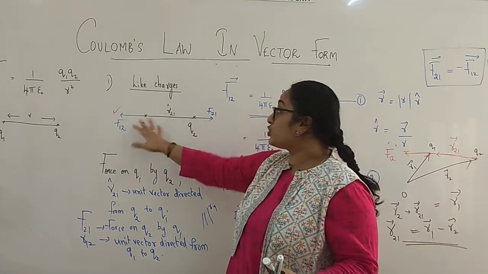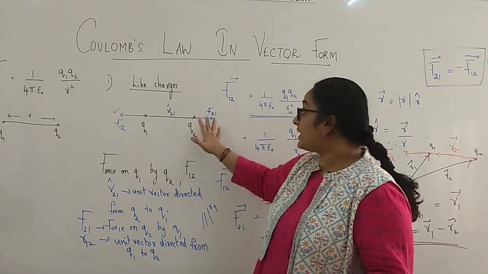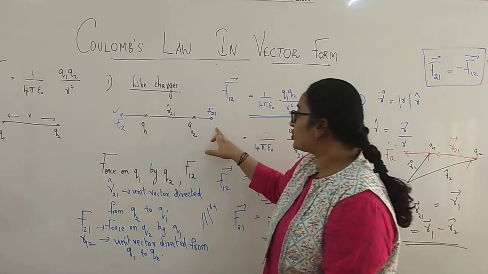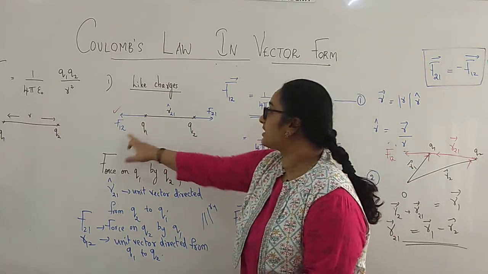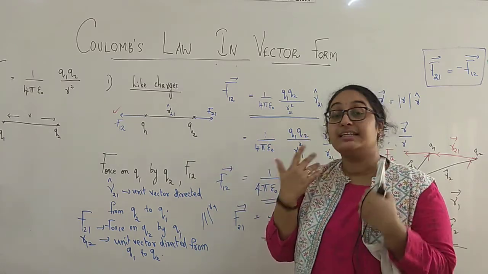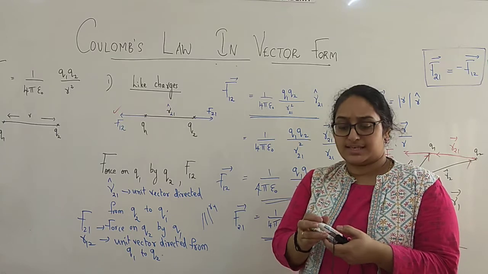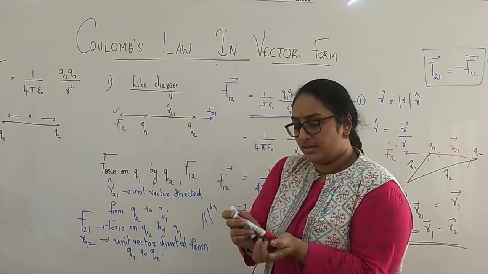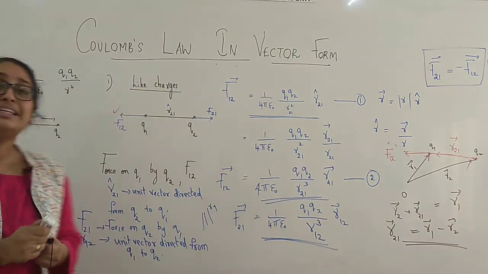If we take two like charges, I have represented F12 and F21. Now, if I take unlike charges, what would be the case? I'll just represent this diagram again for two unlike charges.